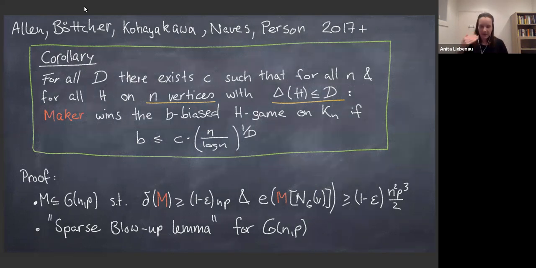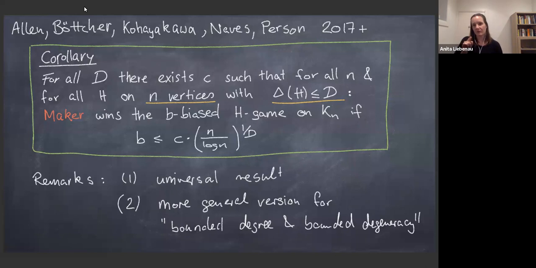So what I just said is actually something stronger than what I've written. Namely, they actually prove a universal result. So for that bias, Maker has a strategy so that her graph contains all of these graphs H simultaneously. That's stronger than just saying one graph H with bounded degree d.